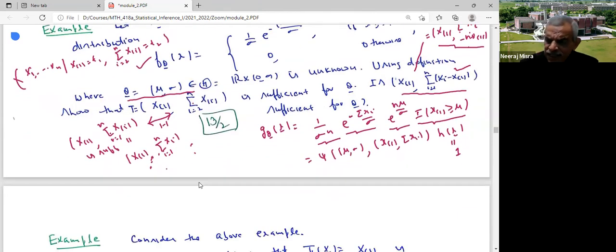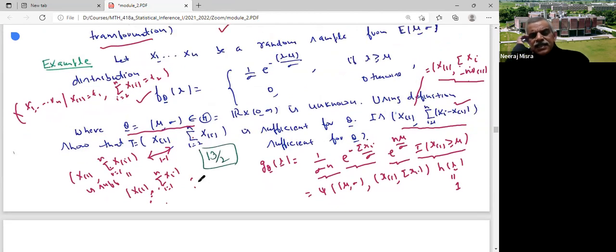Now the reason I'm leaving these exercises to do by definition is that it will give you a lot of insight into how the conditional distribution works. So far, you might have found conditional distributions only in very trivial cases. All these examples would involve conditional distributions which would be highly non-trivial.